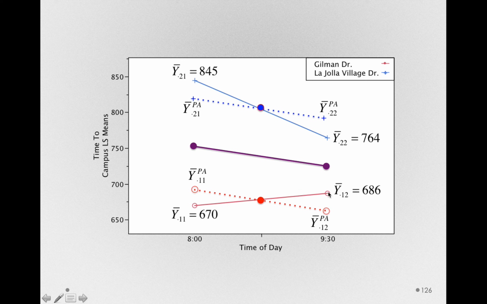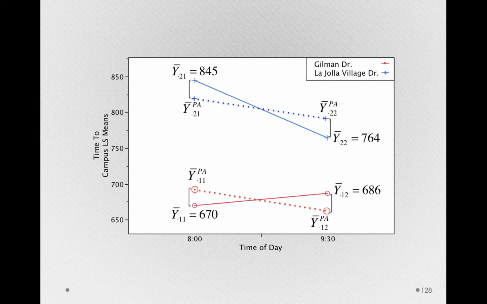At 9:30, it was a little slower than 8 a.m. So we already knew that we couldn't describe a factor effect without referencing the level we're in of the other factor. And these purely additive effects, the ones that we found simply by adding up the A's and B's to the grand mean, are the means we would get if there wasn't an interaction. So it is going to be the deviations from the purely additive effects that capture the interaction.